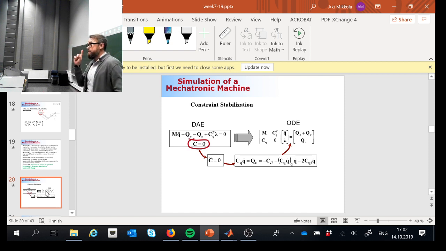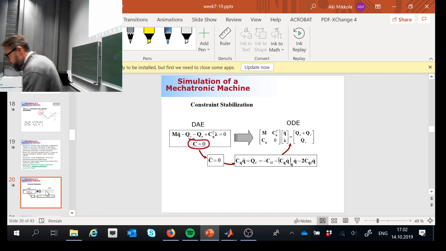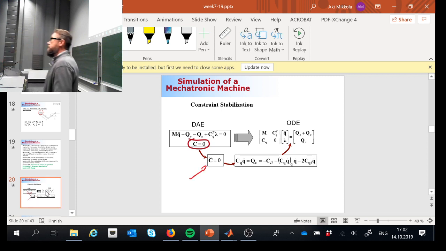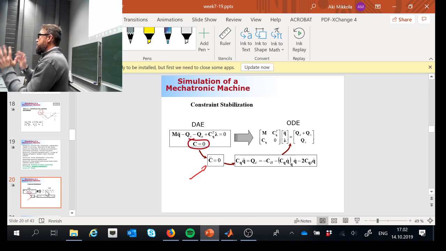The trick is very important to understand what went wrong in the previous case. I differentiate my constraints twice with respect to time. What is the physical interpretation of this? It means that constraints are fulfilled at the acceleration level. Nothing else except the acceleration level.